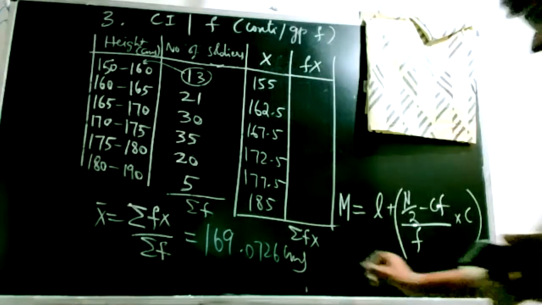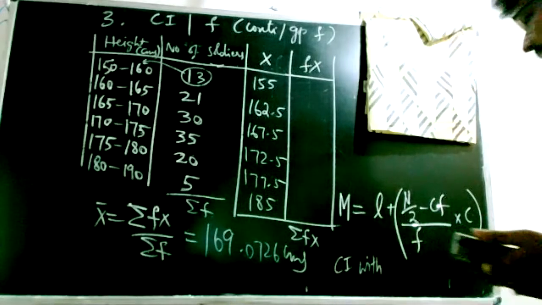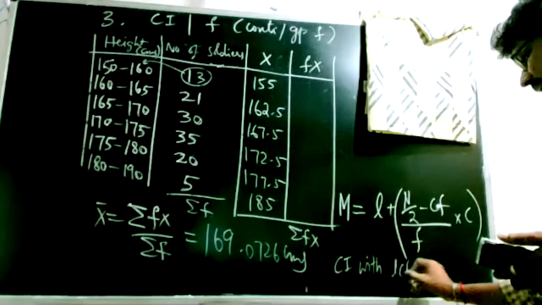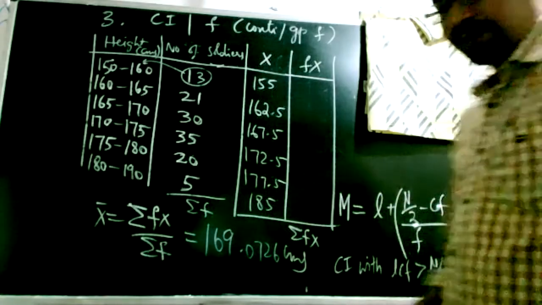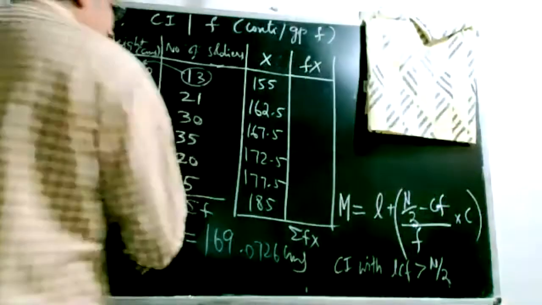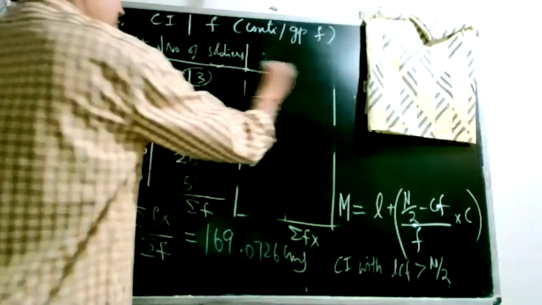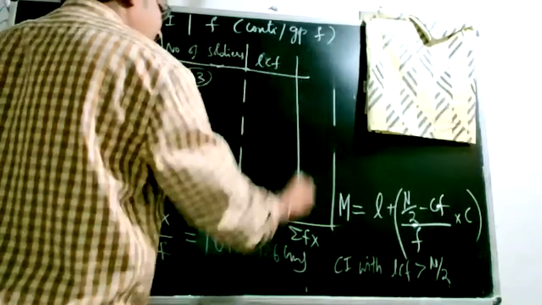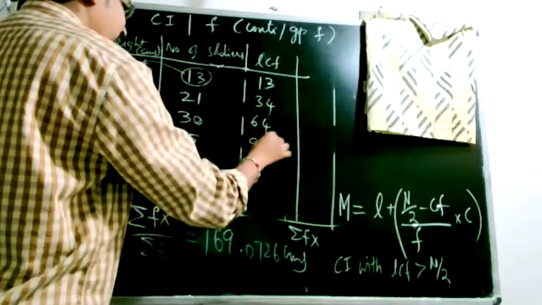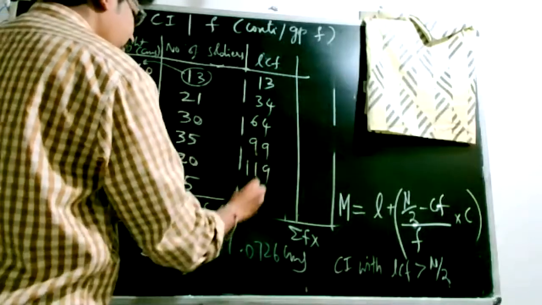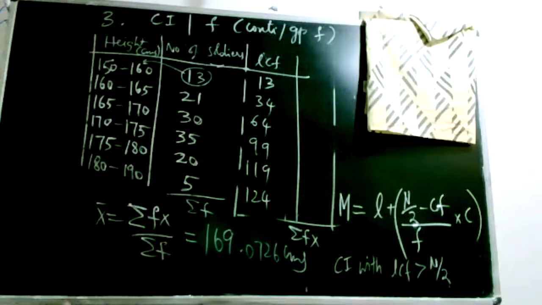So the first step is identifying the class interval where the median lies, and that is the class interval with LCF just greater than n by 2. So you need the values of LCF to proceed. On the next column, you can write LCF. We'll have 13, 34, 64, 99, 119, and 124.